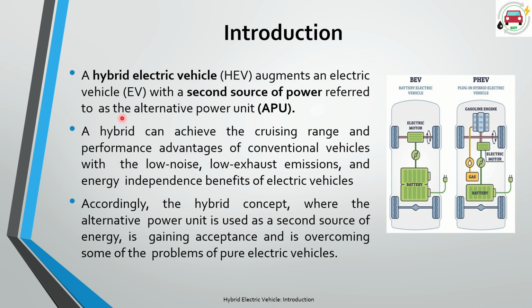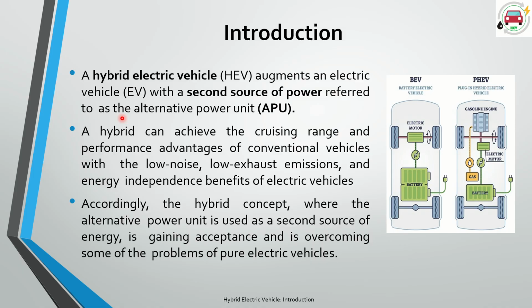Okay, so now we can say that this alternate power unit with the electric motor is achieving cruising range performance and its advantage over the conventional vehicles. What are conventional vehicles?